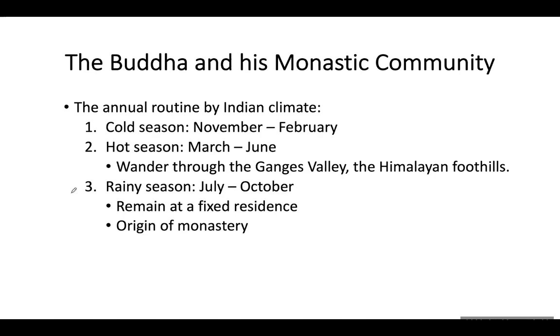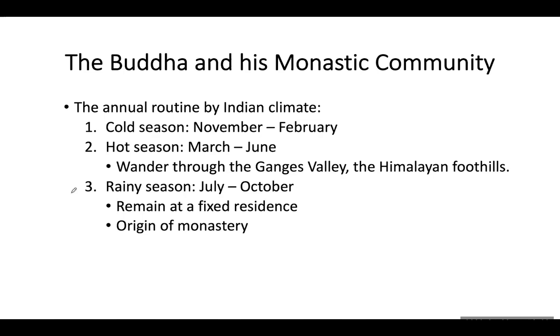Some sutras say he stayed in such a monastery, or that he strolled along the Ganges Valley. So the background of a sutra can be determined depending on the Indian climate.